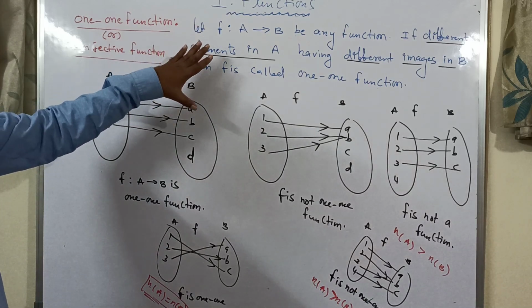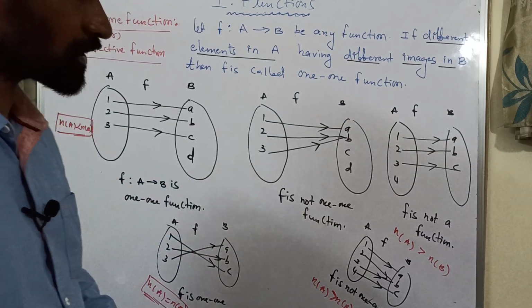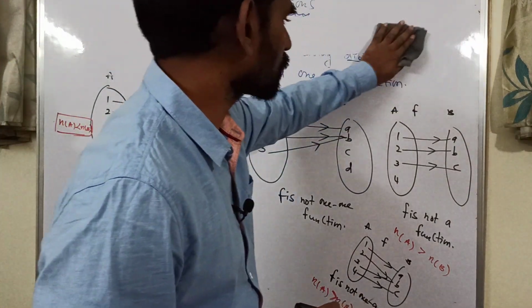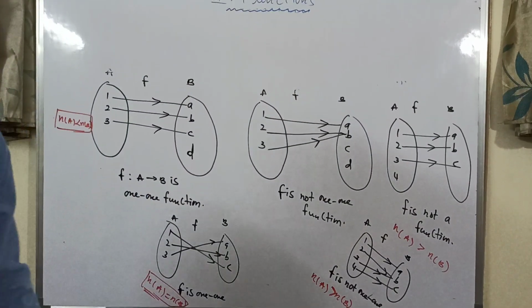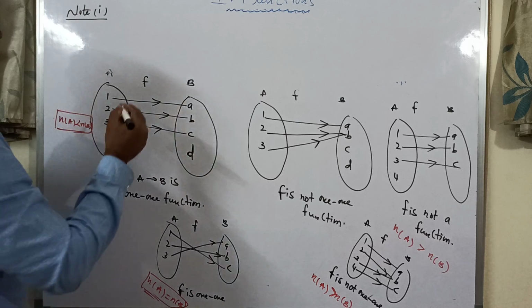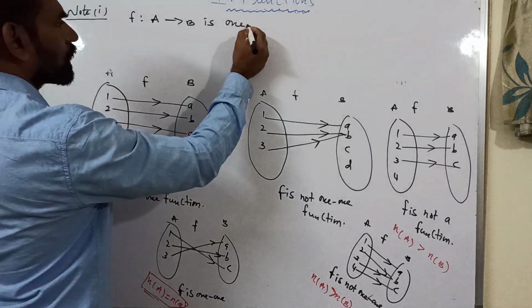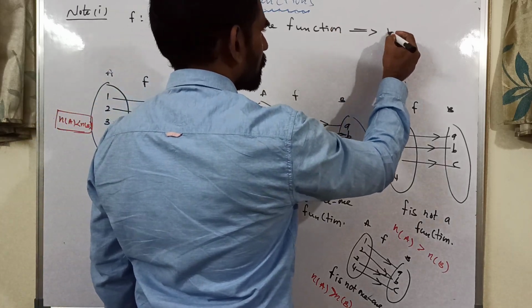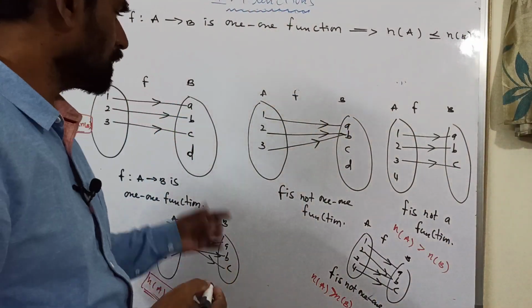This is the definition of a one-one or injective function, and after that, Note 1. If f from A to B is a one-one function, it implies the number of A must be less than or equal to the number of B. Number of A less than number of B, f is one-one.